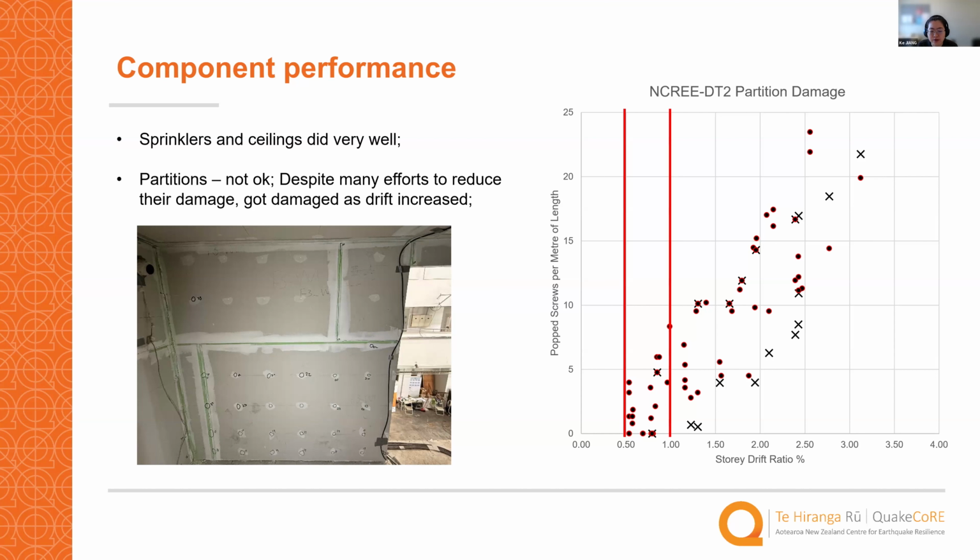Before 0.5%, there are no popped out screws. Between 0.5 and 1%, the number of popped out screws is reasonable and not too bad. But after 1% roof drift ratio, the number of popped screws dramatically increased.